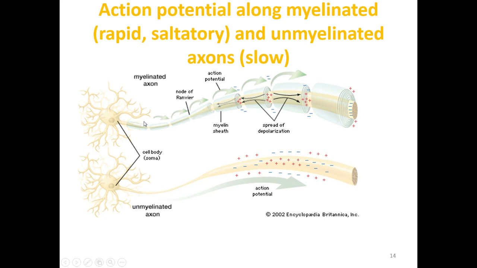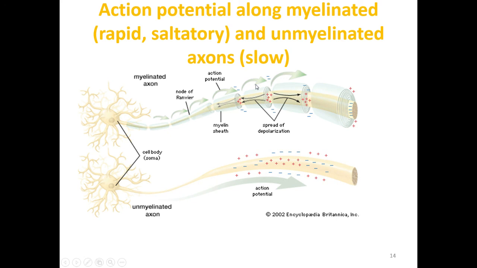Thus, the action potential will appear to jump from one node to another. This type of transmission of action potential is known as saltatory transmission, the jumping, the leaping of the action potential from node to node.